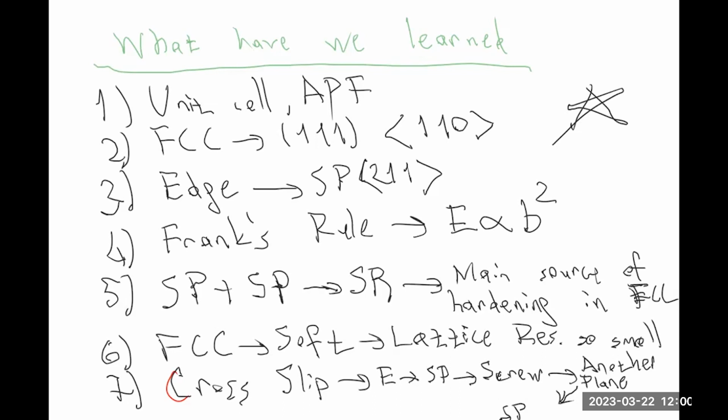Anything that blocks the movement of dislocations, this could be an impurity, a void, or another solute atom, is a hardening mechanism. Thank you, hocam. The more pinning points you have, the more hardening you will see in the material.